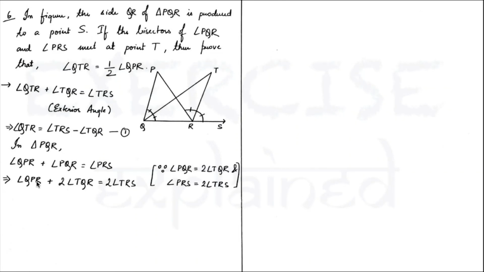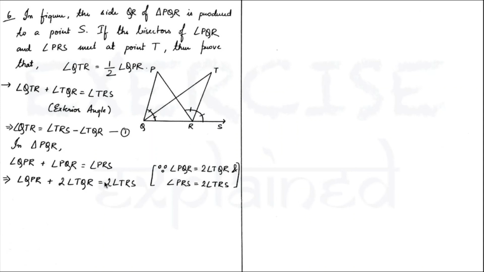You can see here QPR is written as QPR, and PQR, that is this angle PQR, is written as 2 angle TQR. Since it is the angle bisector, twice of this angle is going to be equal to the bigger angle. So is equal to PRS. I have written PRS as 2 angle TRS.